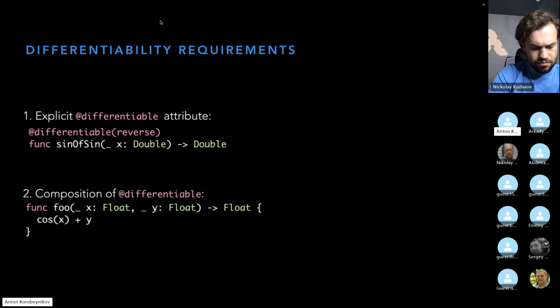There are particular name mangling rules, meaning the compiler knows what the symbol name for the derivative will be, so whenever that function is called somewhere, the compiler knows how to call the derivative itself. Yeah, I see. Thanks.